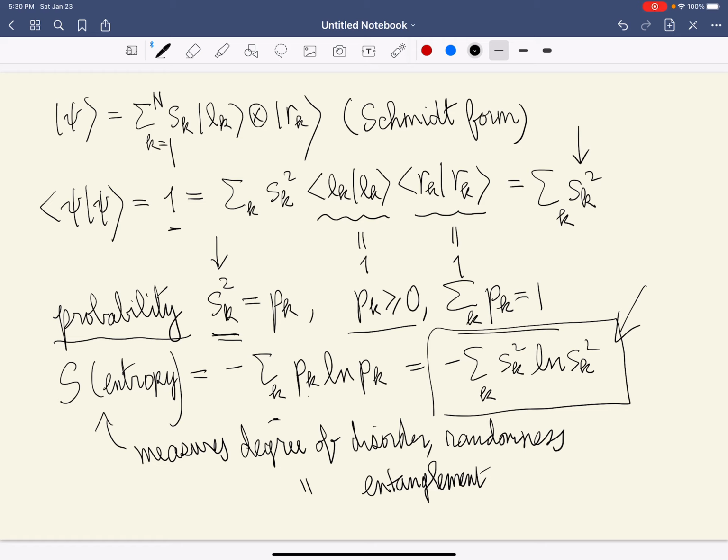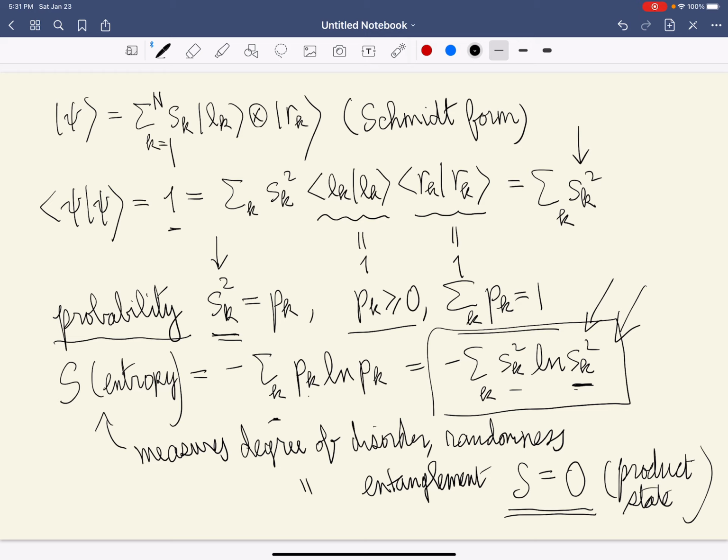Okay, because for example, if only one of these sk were equal to 1 and everything else was 0, then the calculation quickly shows that the entropy has to be 0. Okay, so the product state, which by definition has only one of these sk equal to 1, has this entropy equal to 0.